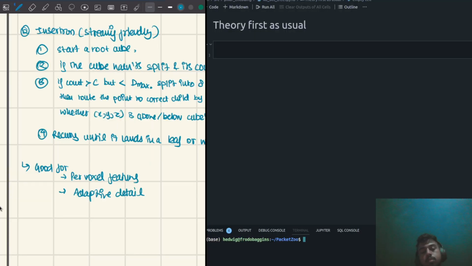This structure so far, where B, C, D, and E are all inside of A, could be represented by a tree data structure like this.